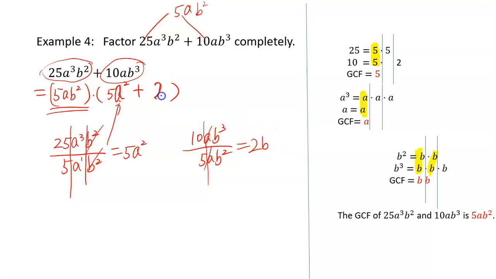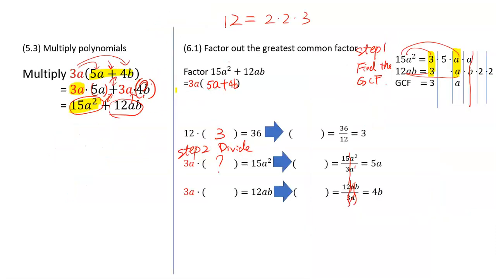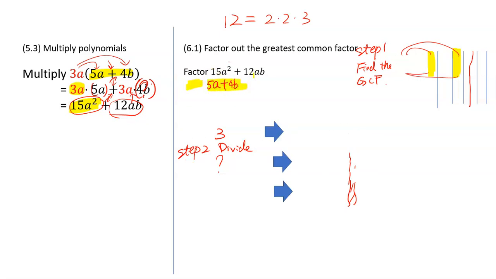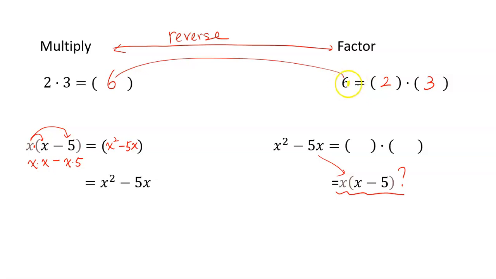So we got 2b here for the second factor. So that would be the answer. Again, the answer of factoring should be something times something. Just like we see previously here, the answer is something times something. Or like the factoring of a number, it's a number times another number.